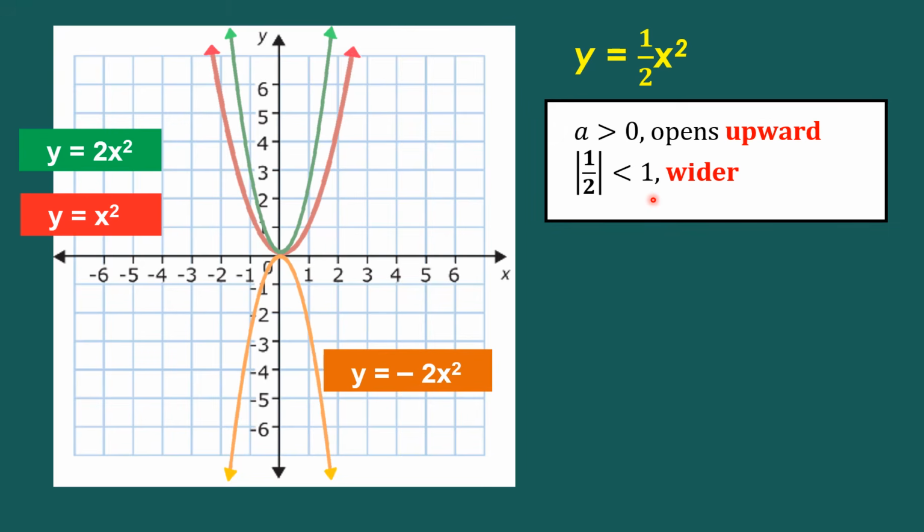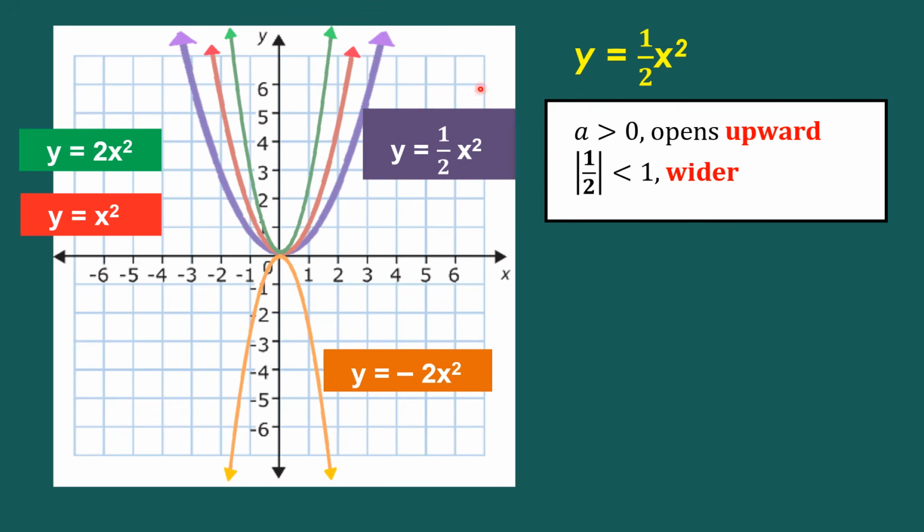It is less than 1. Kaya naman ang graph natin will be wider compared to our parent function. So ano kaya ang itsura ng graph ni y equals 1/2 x squared? Itong naka-violet. So notice na mas malapad siya. It is wider compared to our parent function y equals x squared.